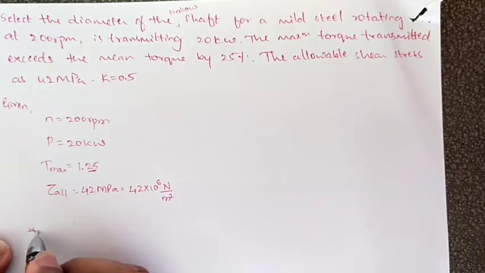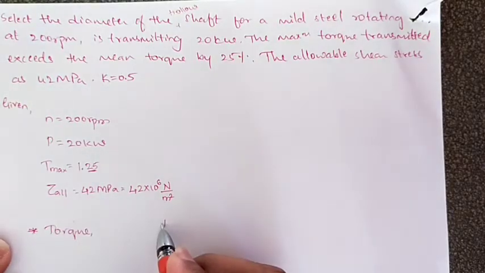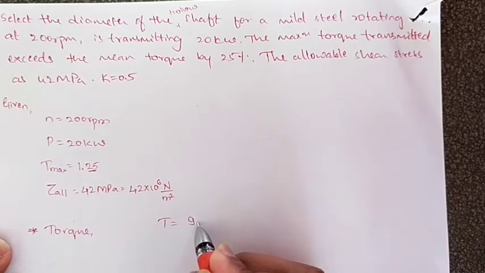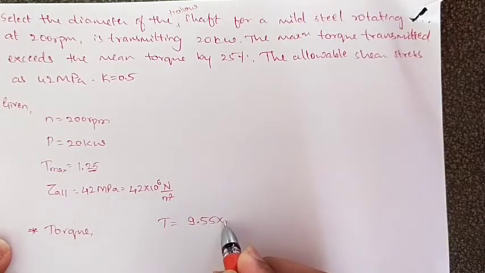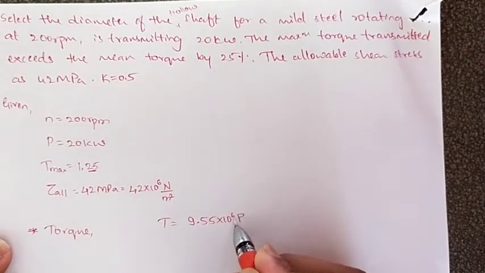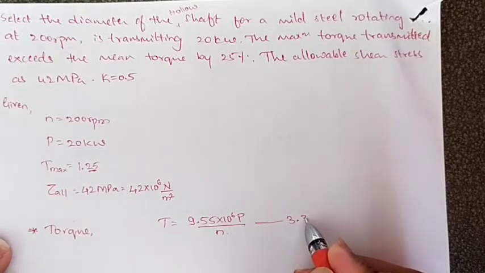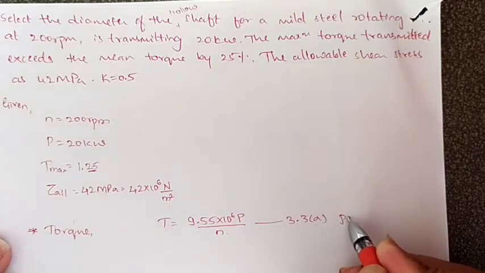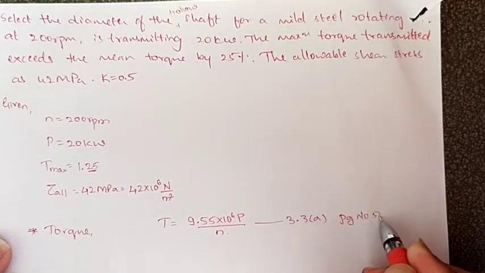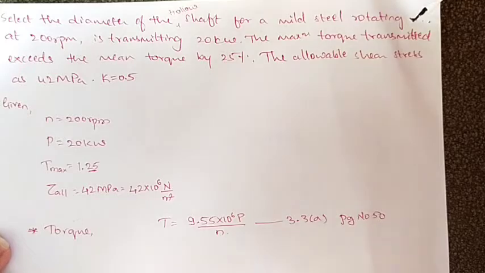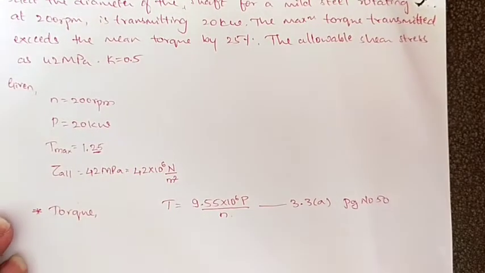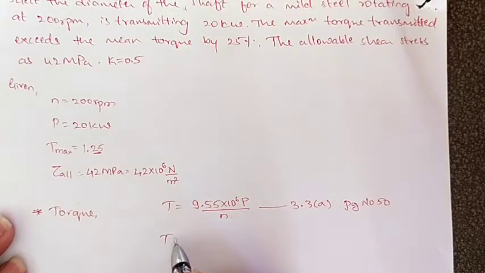Now we will go on finding the torque transmitted. Torque transmitted T is given by 9.55 into 10 raised to 6 P divided by N. This is there in equation 3.3a of page number 50. So we are using the same formulas. Now we just substitute: torque is equal to 9.55 into 10 raised to 6.